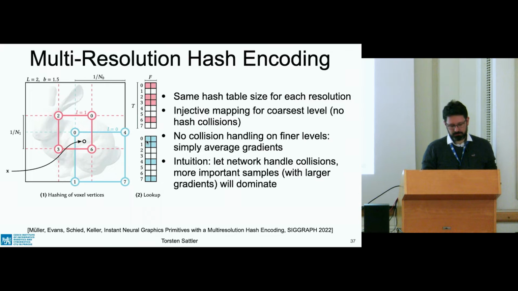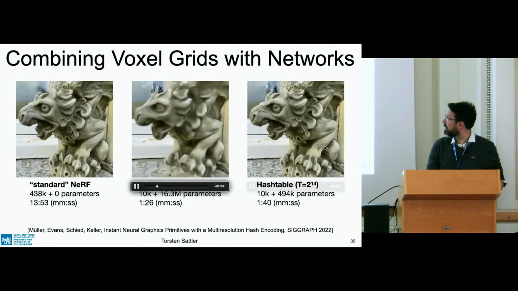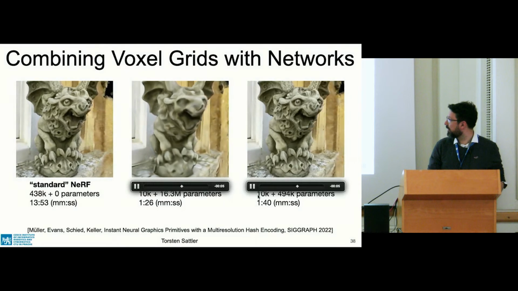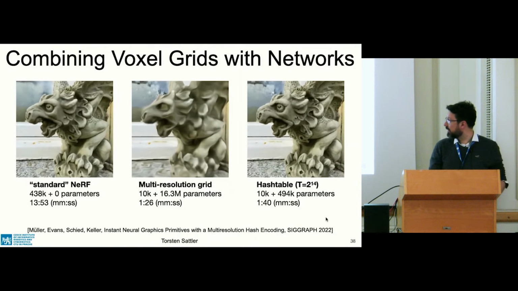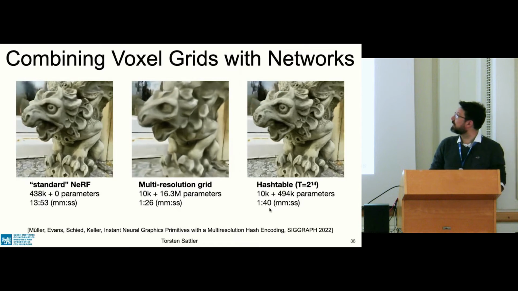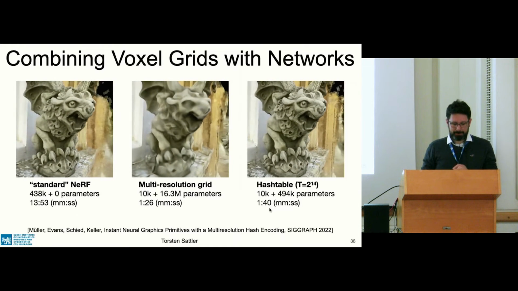So here's an example of this approach using a hash table. You go from 60 million parameters to 500,000. You keep training time roughly the same, but significantly increase quality.